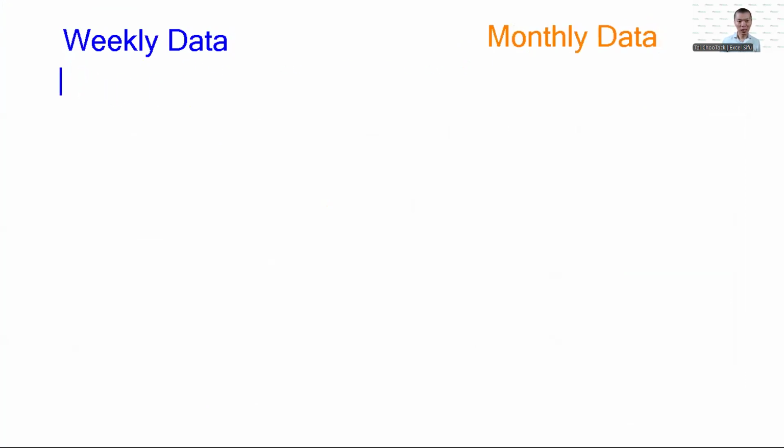For the weekly data, I see the order 1, 2, and 3. But for the monthly, I only can see 1 and 2. I don't see number 3. The thing is there, but it's not complete. In order to complete it, I want to compile and combine them.